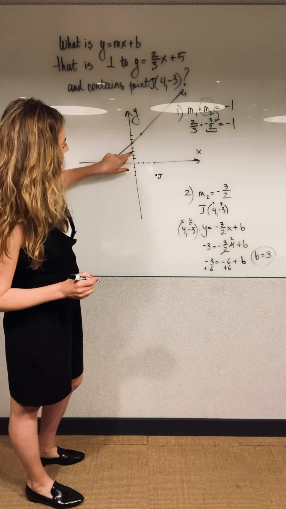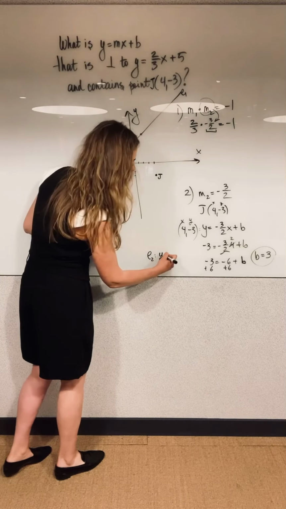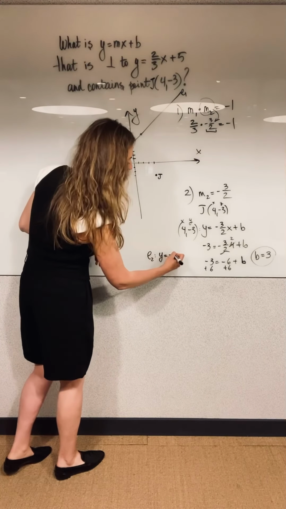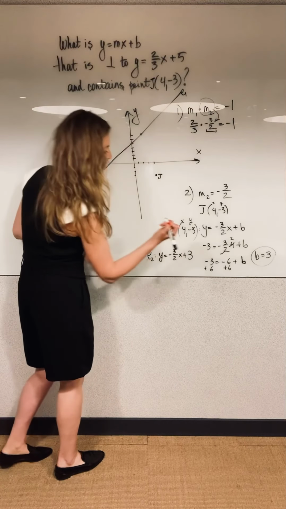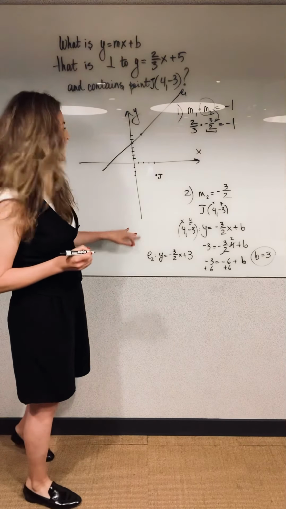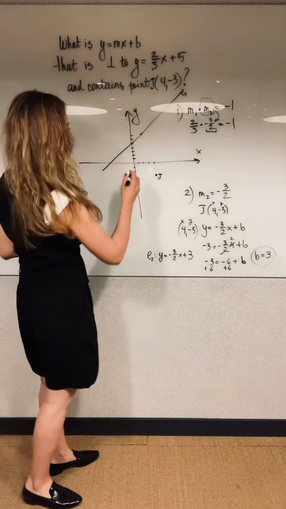So what does our equation look like now? We can call it L2, to be a little fancy: y2 is equal to -3/2 x plus 3. Plus 3 right here, -3 over 2.